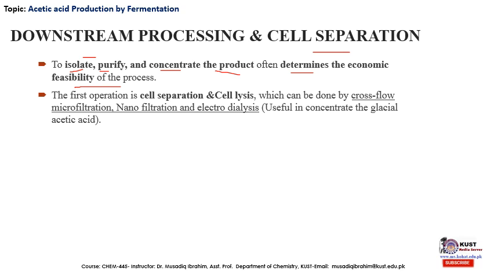Now the first operation is cell separation and cell lysis, which can be done by cross flow microfiltration, nanofiltration and electrodialysis, and these are useful in concentrating the glacial acetic acid.